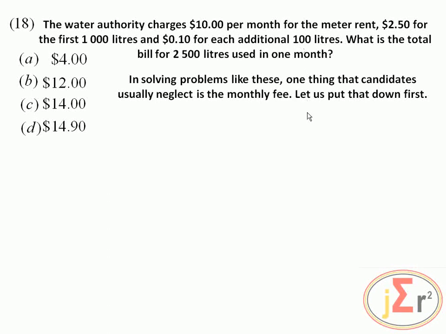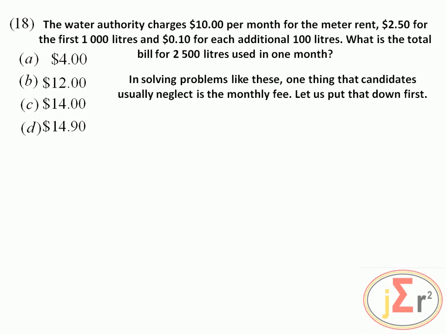In solving problems like these, one thing that candidates usually neglect is the monthly fee. So let us put that down first. Students generally forget about the monthly fee when solving problems like these. And sometimes the bill is over a 2 month period, and they neglect that fact, and sometimes they don't even include the monthly rental.